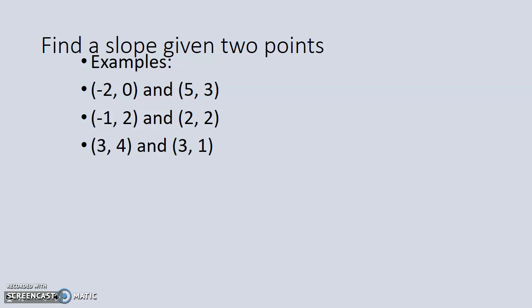Find the slope for the following 3 parts, A, B, and C. So pause this video and see if you can try it on your own first using your formula. And tune back in for the answers.